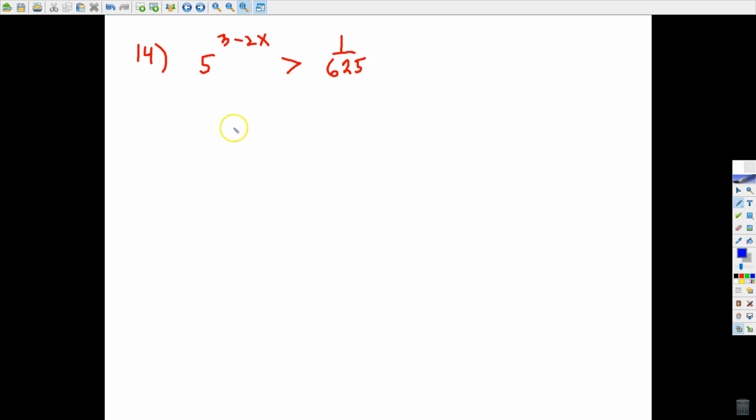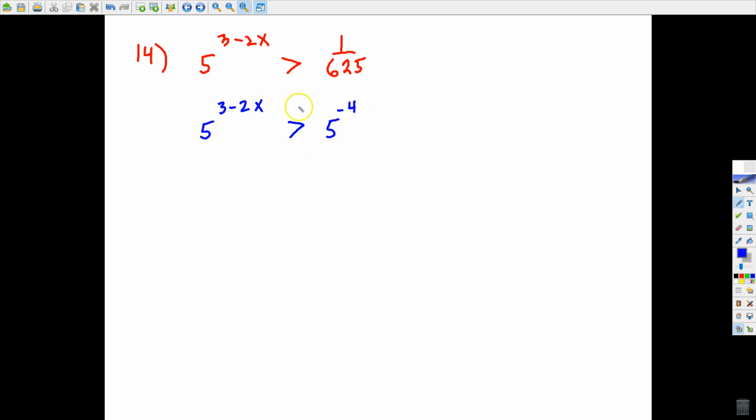All right, number 14, similar problem. This time I'm going to rewrite 1 over 625 using a base of 5. Okay, 5 to the first, of course, is 5. And I know that 5 to the 4th is 625, but if I make it to the negative 4th, I get the reciprocal of that. So once again, 5 doesn't need to be changed, 3 minus 2x, but my common base is 5, so that means to make it equal 1 over 625, I'm going to raise 5 to the negative 4.